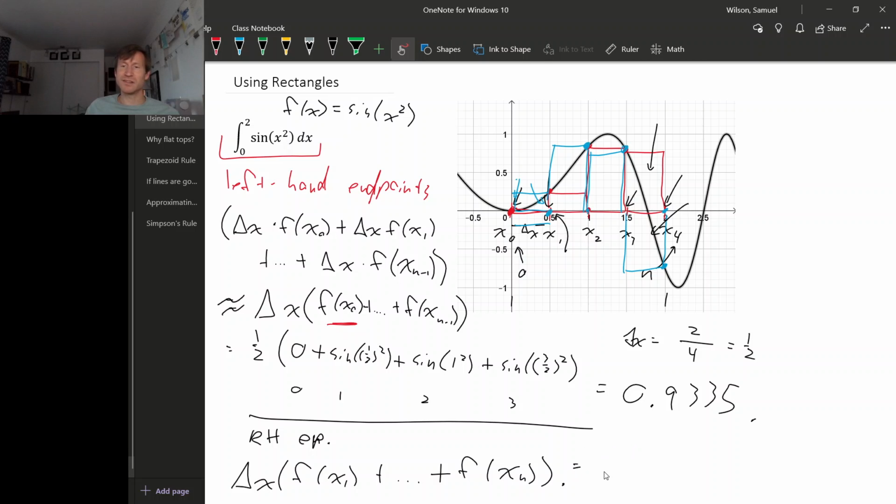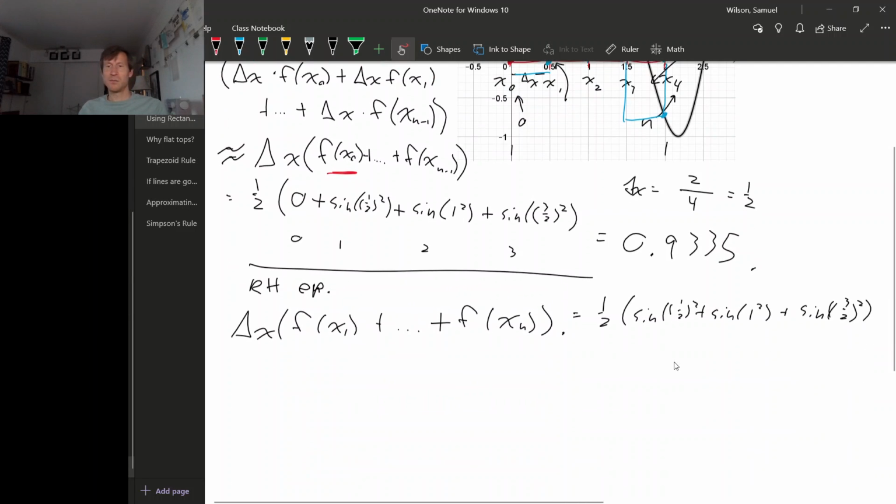For this particular example, this is going to be 1/2 times sine of 1/2 squared plus sine of 1 squared plus sine of 3/2 squared plus sine of 2 squared. Okay, and then dump it all into a calculator.